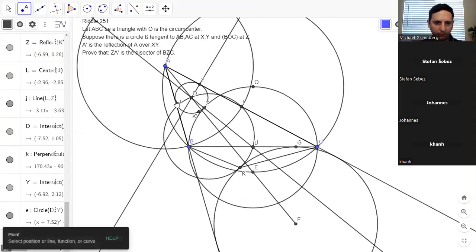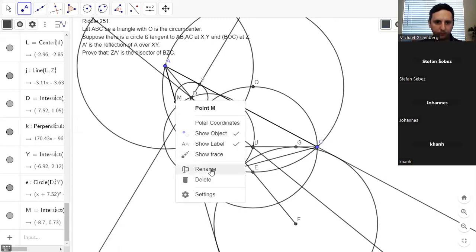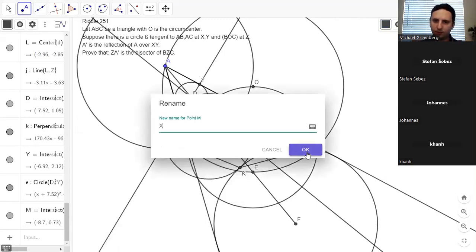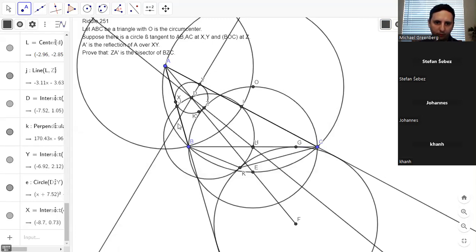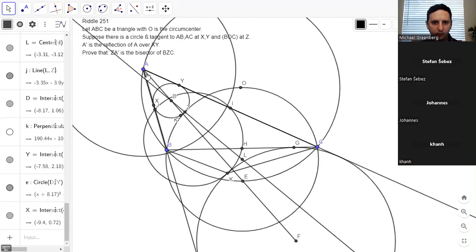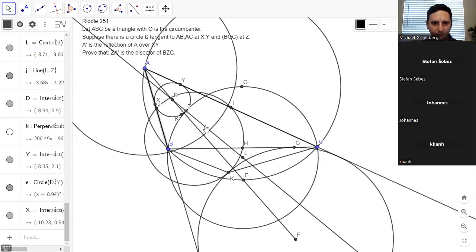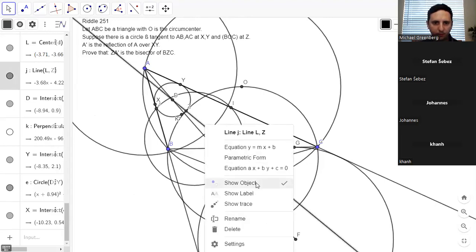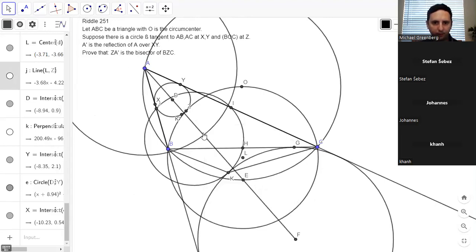And then I'll make it look nicer. Okay, so let's hide this. This is the line DZL. I don't even really need that line.